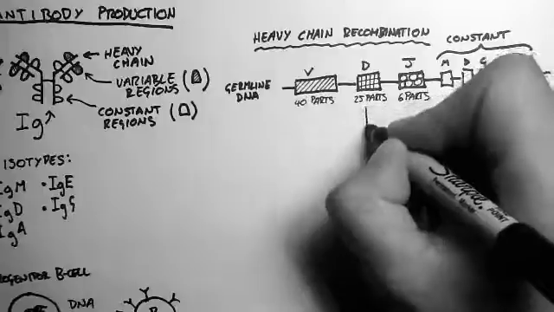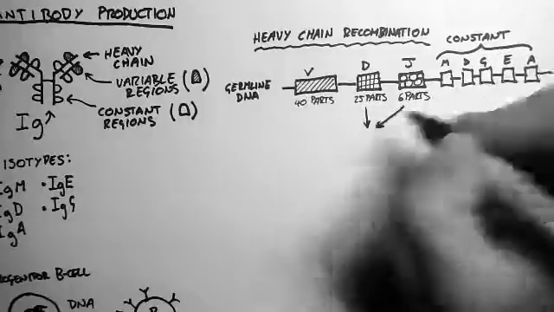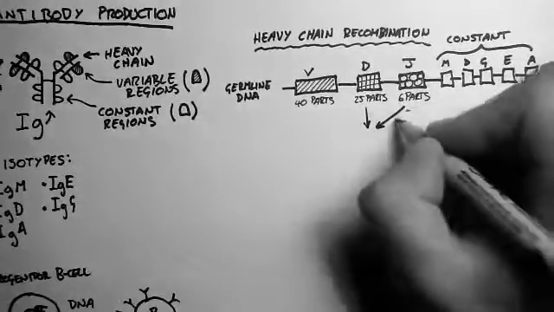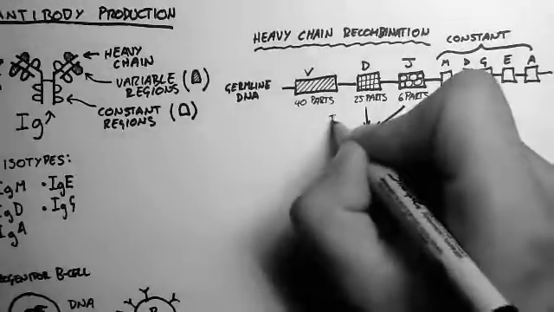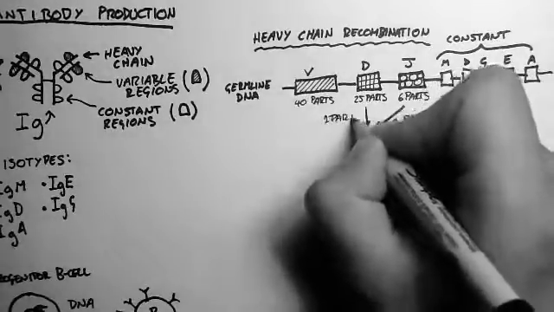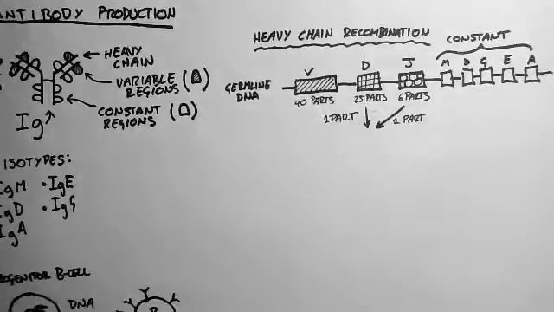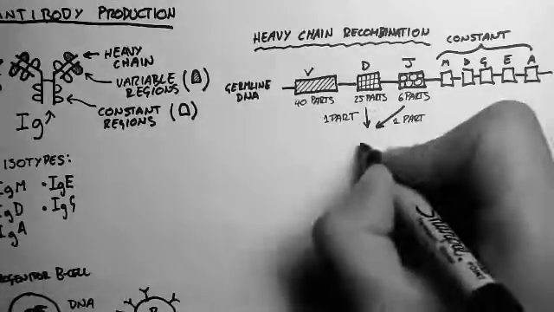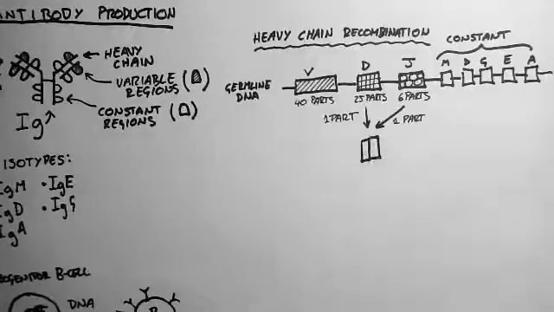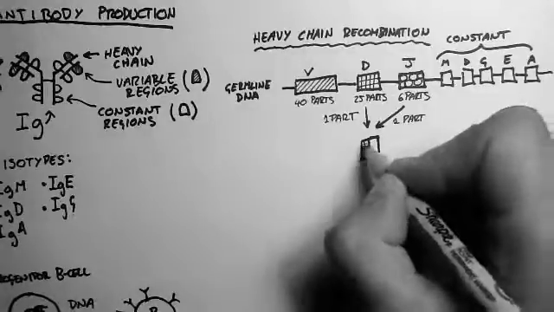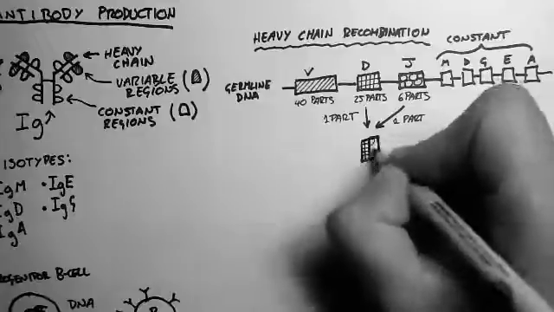Now initially, one part of each of the D and the J regions gets selected and the rest get cut away. So we're left with just one part of the D region sitting right next to one part of the J region.